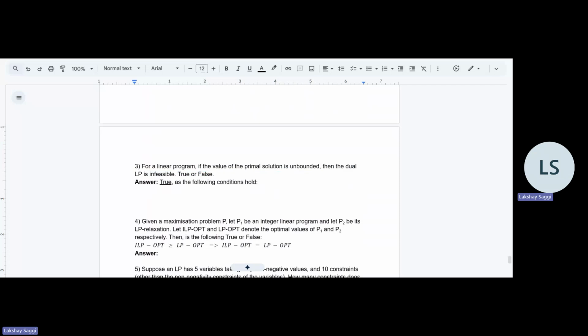And what are the conditions? If the primal solution is feasible and finite, then the dual solution is also feasible and finite. This is the strong duality which we talked about.